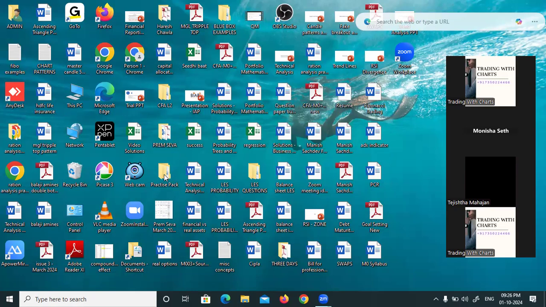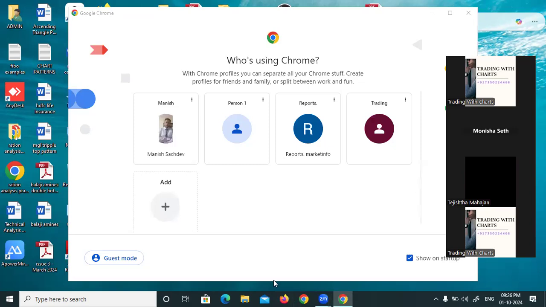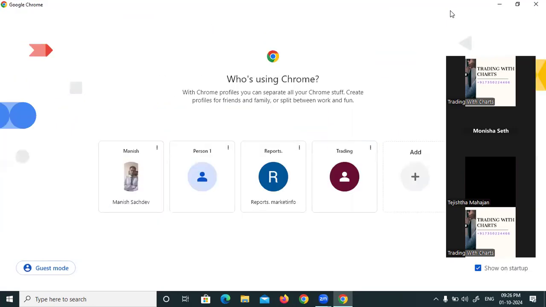Okay, Upstox, Zerodha. So for doing the graph analysis, we will use the TradingView platform. Okay, I will show you the TradingView platform now. Has anyone heard about TradingView before?